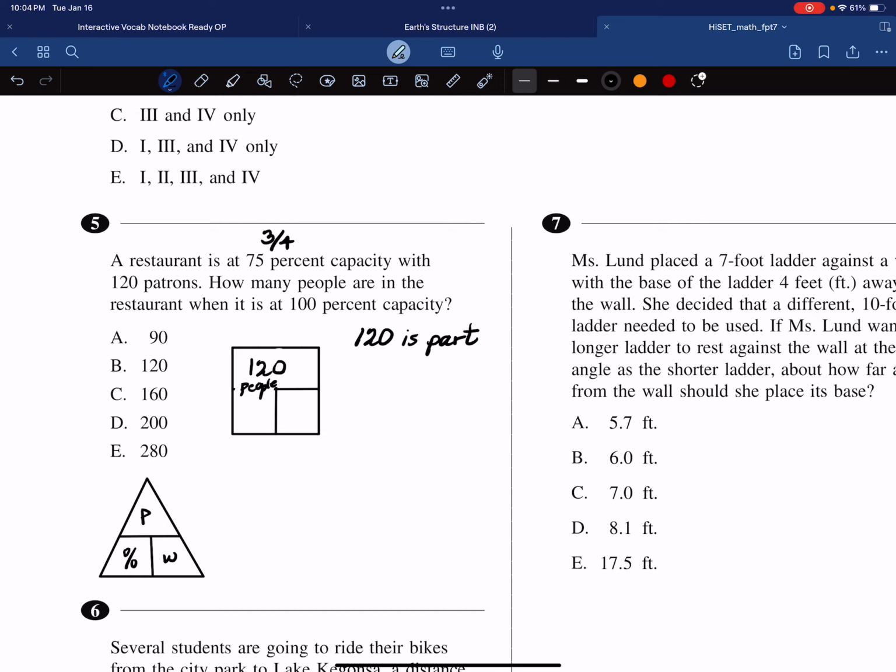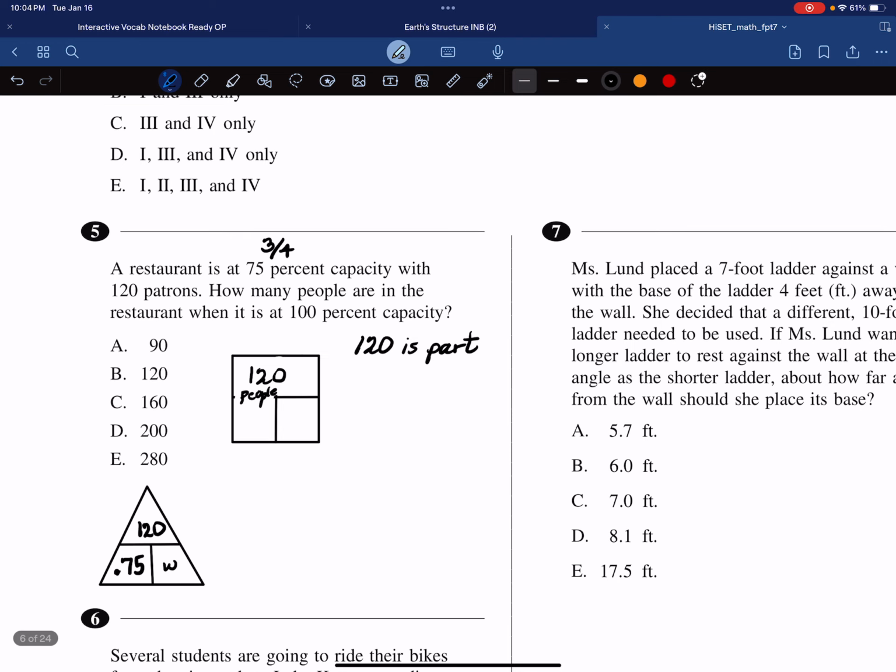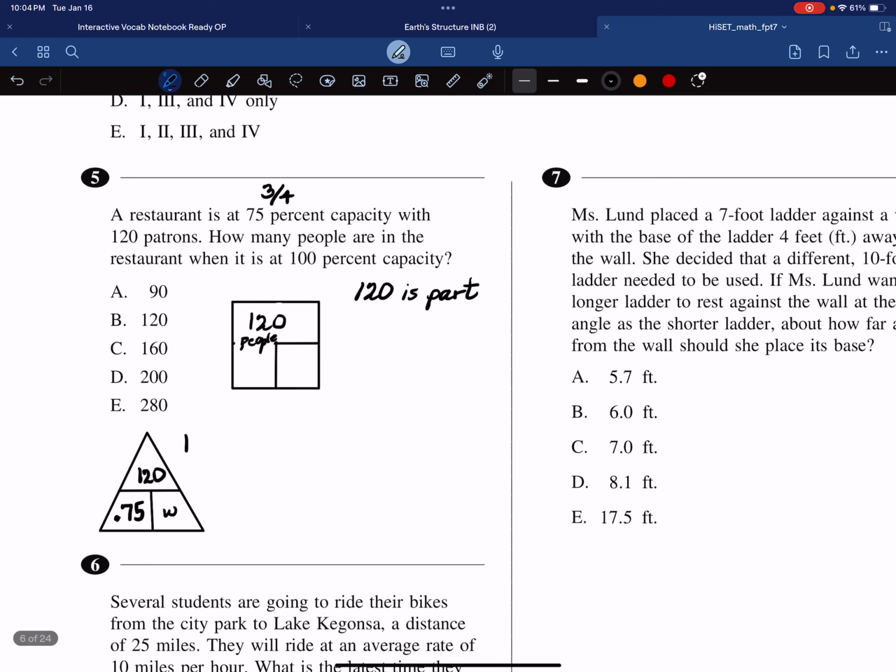So if you do it this way, you know the 120, and you know that your percent is 75. With this method, you do have to make it into a decimal. So you will have 120 divided by 0.75.